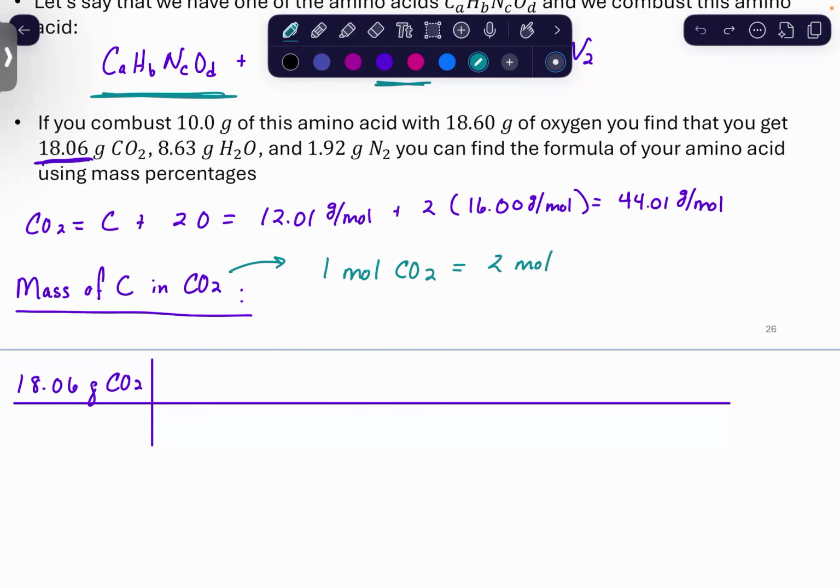Darn it, that's not what I wanted. Well, we can go ahead and do that. 2 moles of oxygen and 1 mole of carbon. You can see that in the formula. I have 1 mole of carbon and 2 moles of oxygen for every 1 mole of carbon dioxide. We're going to use that. I want you to start thinking about that, making sure you understand how that works.